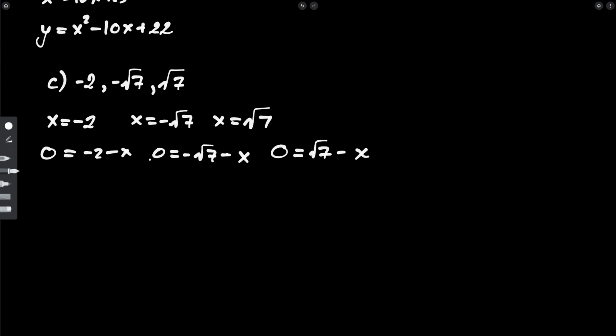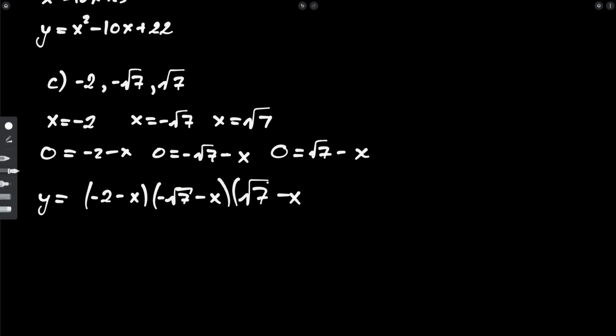Now we can write all this and multiply them out. We have -2 minus x. We have negative root 7 minus x. And we have root 7 minus x.